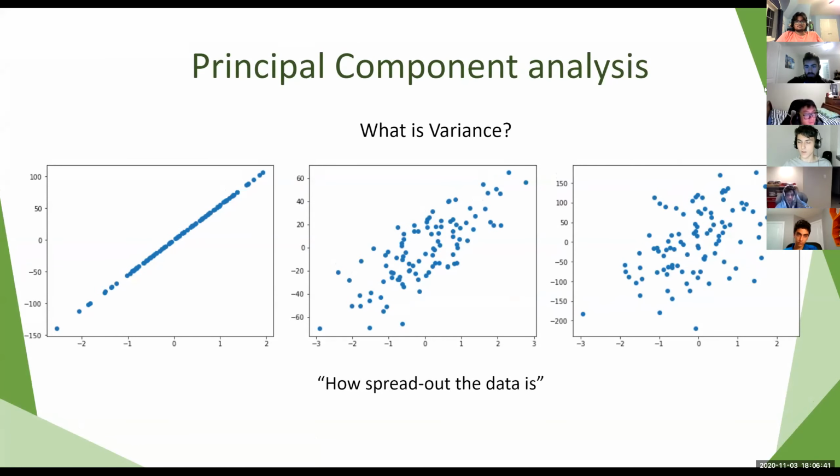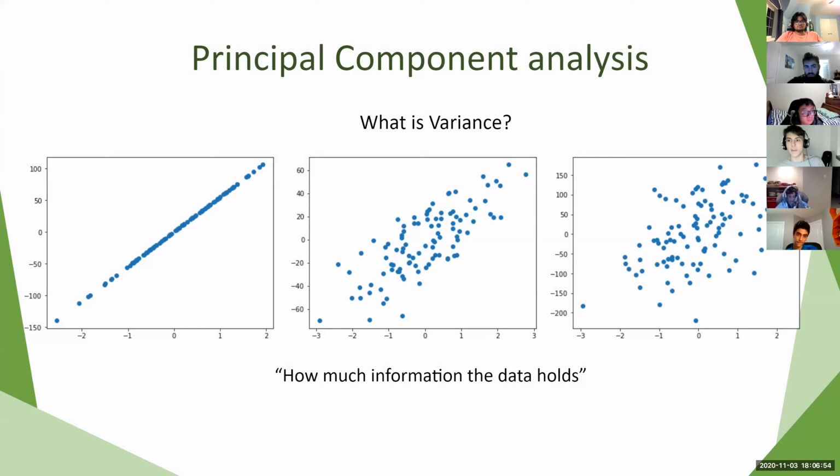So we can also say that the variance corresponds to how much information the data holds, because if we were to cluster or classify it in any way, it'd be much easier to classify a data set with more variance than one with not a lot of variance, because these points could be closer together and basically on top of each other. We can't really classify points that are on top of points, but we can classify points that are not. That's the idea.